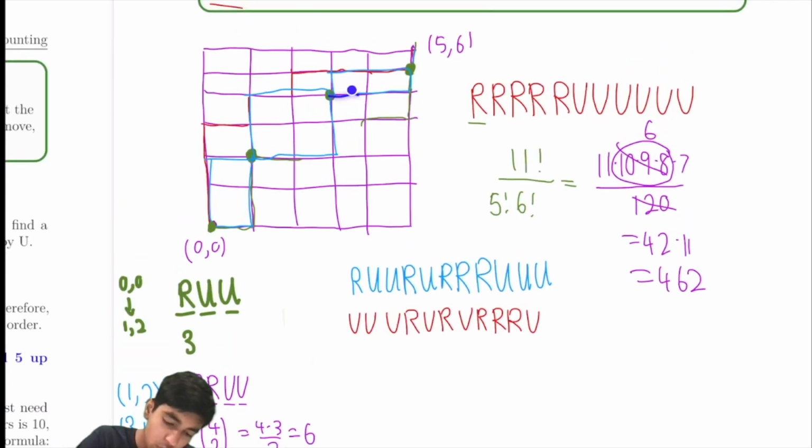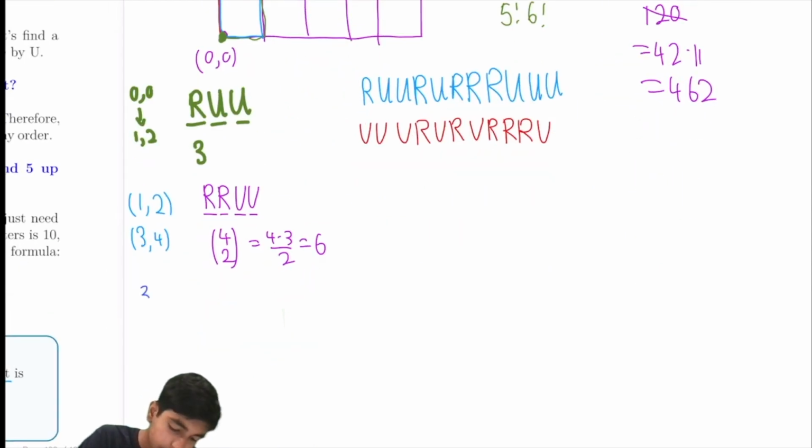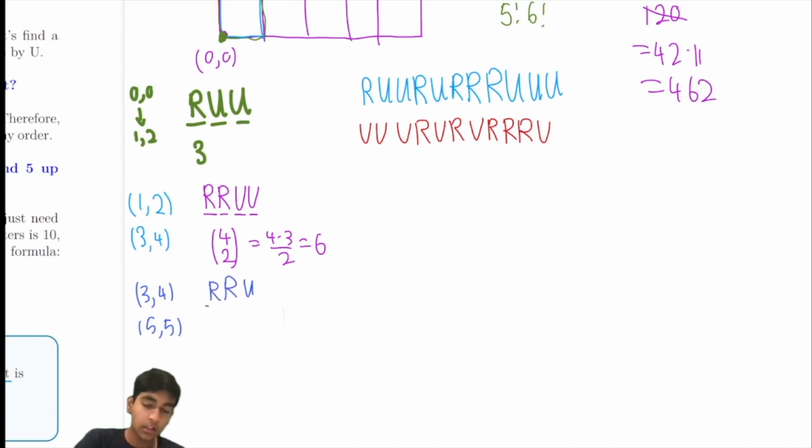For this, we must have 2 R's and 1 U. So R, R, U. Well, there are 3 slots. We choose 1 of them to be U. That's 3 choose 1, which is 3.